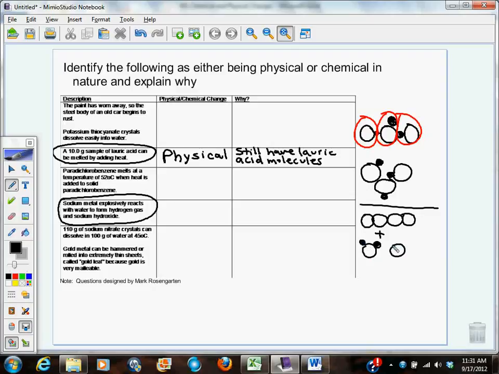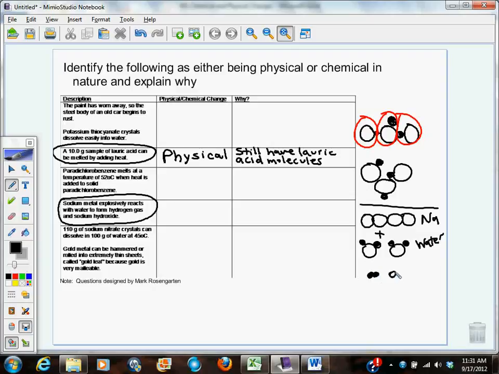This is what I'm going to use to represent water. So I basically get my sodium plus my water. And what I'm left with then, after I put the two together, is hydrogen gas.